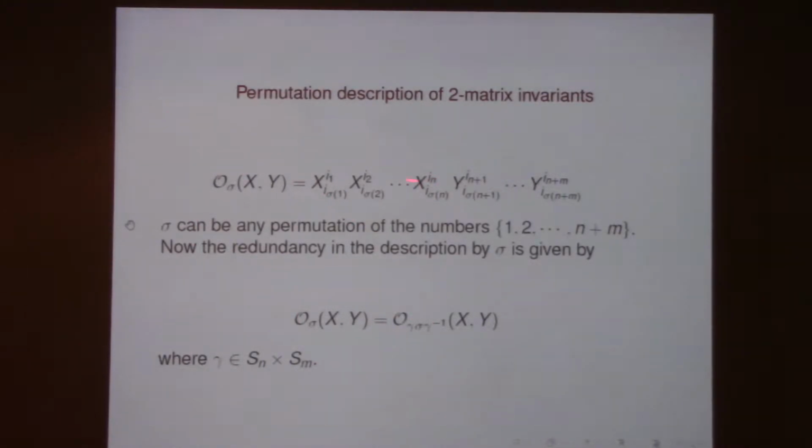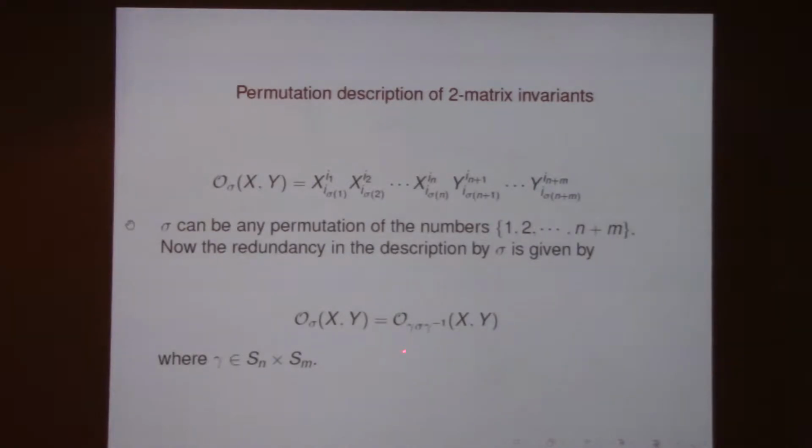Again, the x's are bosonic fields, so you can reorder them without changing the function we're looking at. You can reorder them here. So that's a reordering which is in the subgroup of all permutations. It's a reordering in S_n times S_m. And if you do a conjugation of sigma by some permutation gamma in S_n times S_m, that really just changing the permutation this way amounts to basically reordering the x's and the y's.